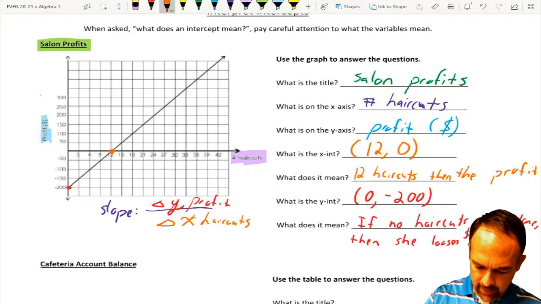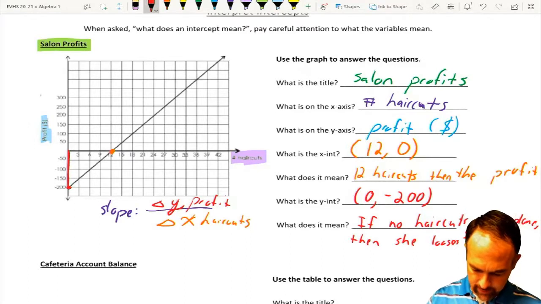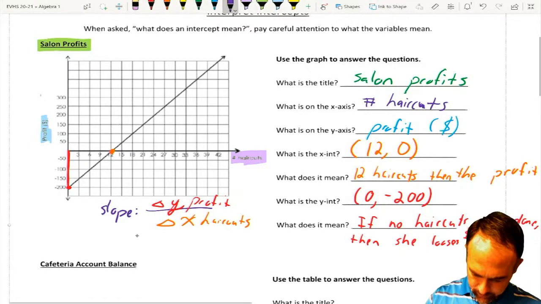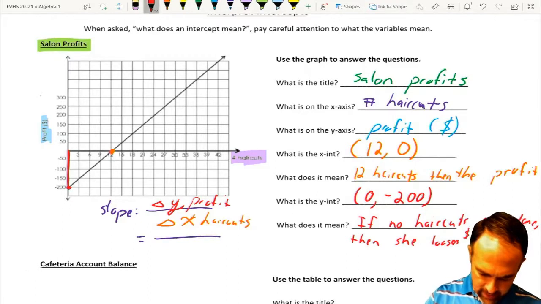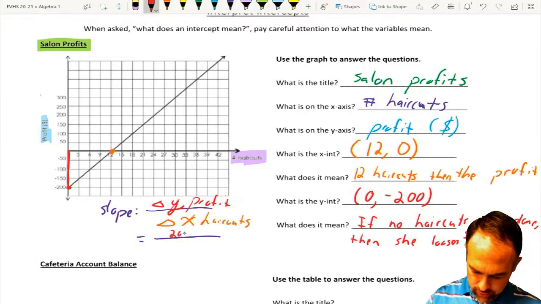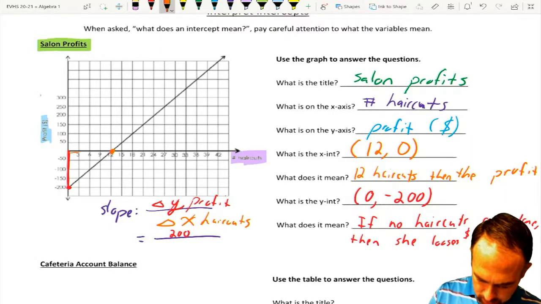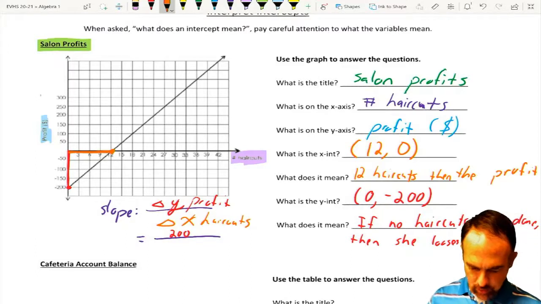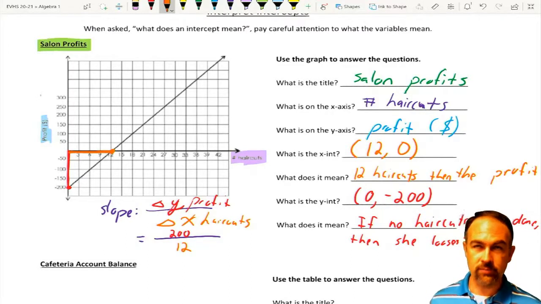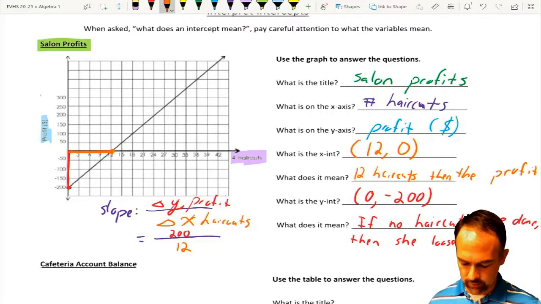If I take these two points, I can figure out my delta y. From negative 200 to 0, that is a $200 rise in profit. My horizontal goes from 0 to 12, a change of 12 haircuts. And then I can reduce that.